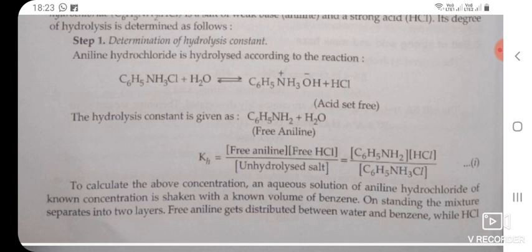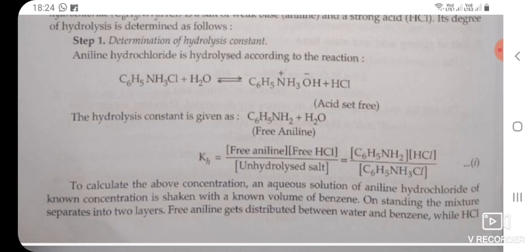The hydrolysis constant is given as KH = [free aniline] × [free HCl] / [unhydrolyzed salt], that is, KH = [C6H5NH2] × [HCl] / [C6H5NH3Cl].